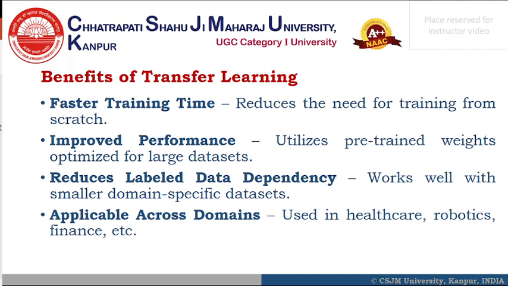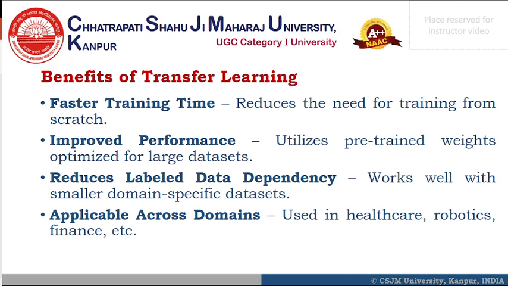Now come to the second point, improved performance. Transfer learning enhances model performance by utilizing pre-trained weights optimized for large datasets. Models trained on vast datasets such as ImageNet for image classification or BERT for natural language processing already possess generalized knowledge.